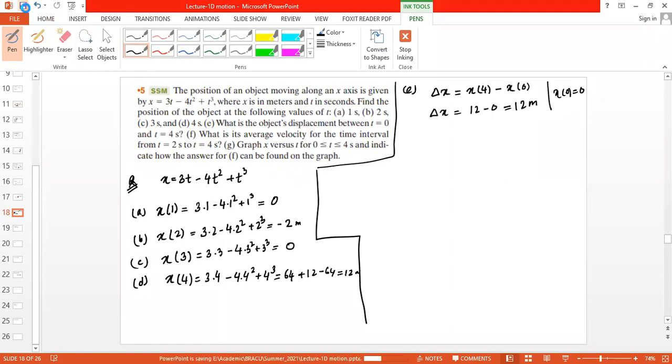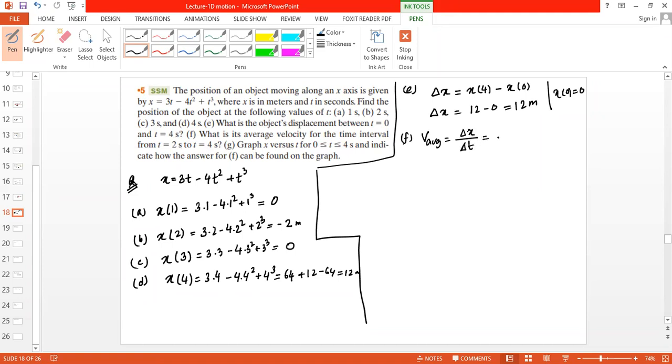Okay. And then part F, what is the average velocity for the time interval between 2 to 4 seconds? So average velocity is the average equal to delta x over delta t.